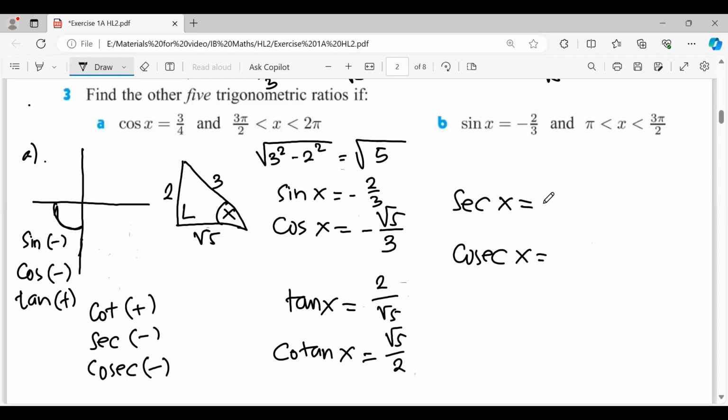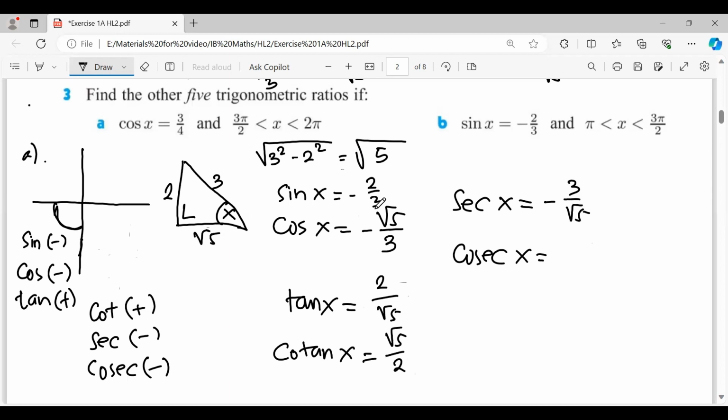Okay, secant is negative. Secant is the opposite of cosine, the opposite of this. Okay, so negative 3 over root 5.